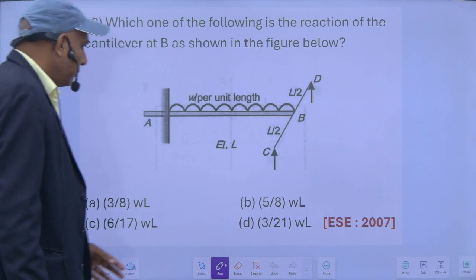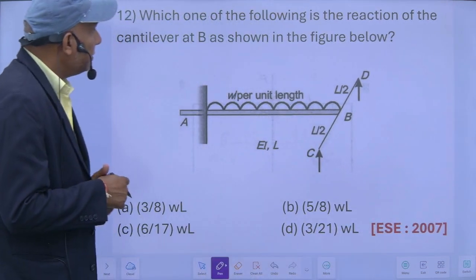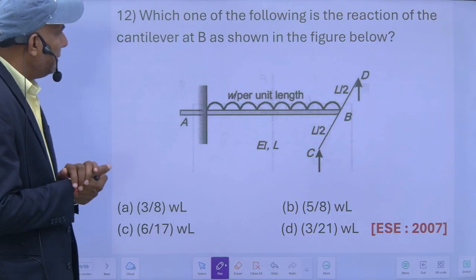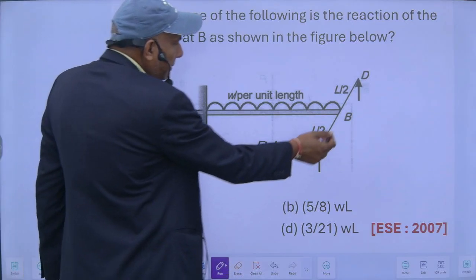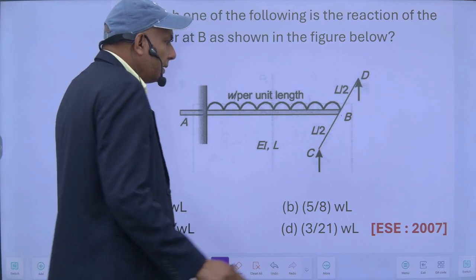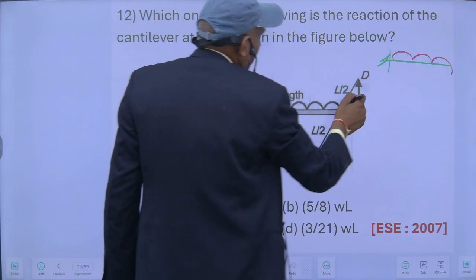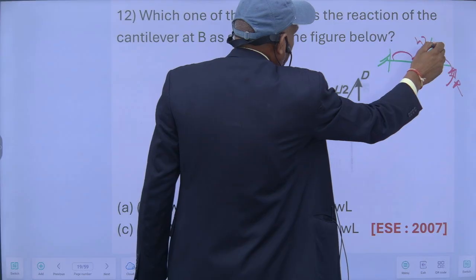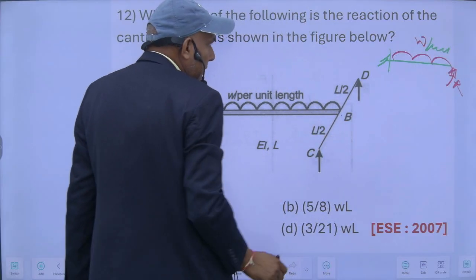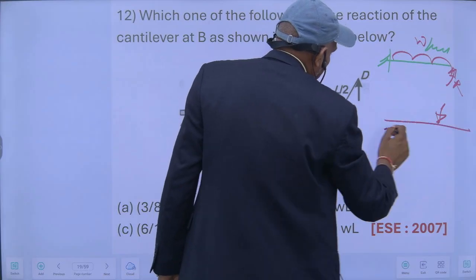Now, which one of the following is the reaction of the cantilever at B? So in this case, this beam will provide some reaction here. So this will be like this. This beam will provide some reaction. Suppose this reaction is R, this is W per unit length, and the same reaction will be here for this simply supported beam.